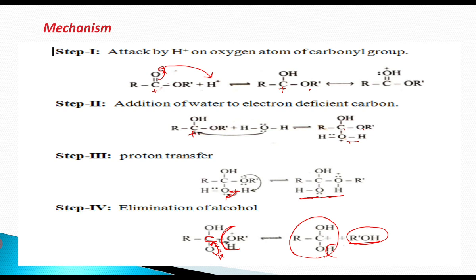In this way, the esters undergo two types of hydrolysis, that is acid catalyzed hydrolysis and base catalyzed hydrolysis. In the base catalyzed hydrolysis, alcohol and the salt of the carboxylic acid are obtained. In the acid catalyzed hydrolysis of esters, carboxylic acid and alcohols are obtained.